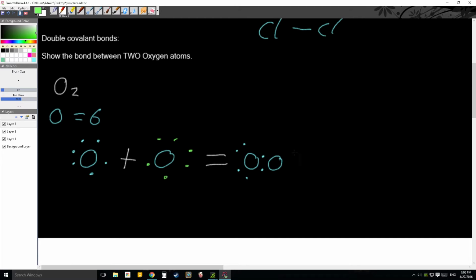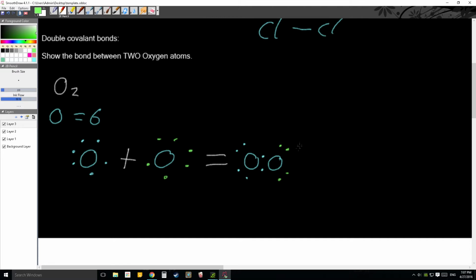We can do 1, 2, 3, 4, and it doesn't matter where these are really. You could do them like that, I believe, and that would still technically be correct, but just for reading, it's easier to read like that. And it also suggests the actual structure of the compound, which I might talk about later.